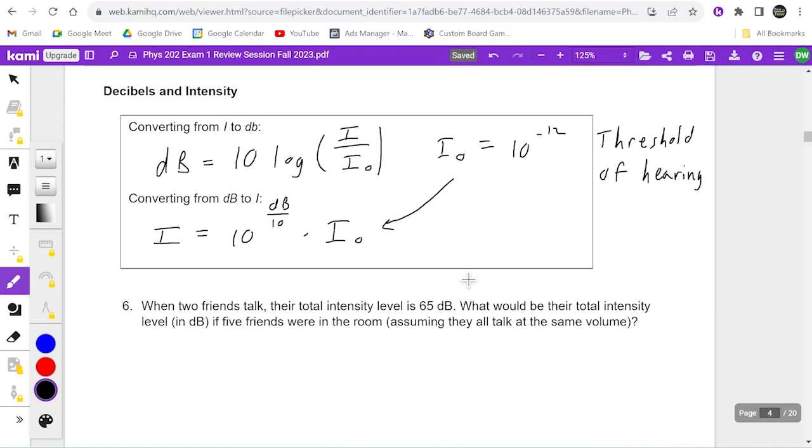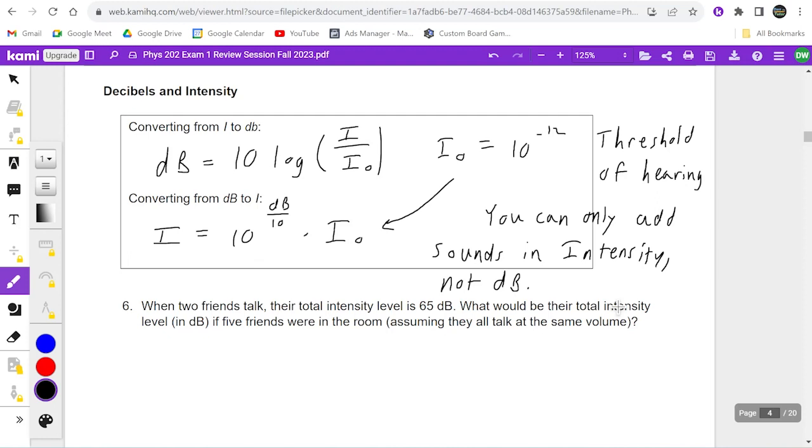The one note that's going to help you solve these problems is you can only add sounds in intensity, not decibels. And by the way, there is an exception to that rule, and I'll cover the exception after we do example 6. So with that, let's go to example 6.